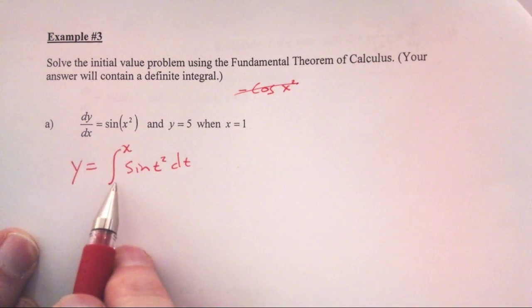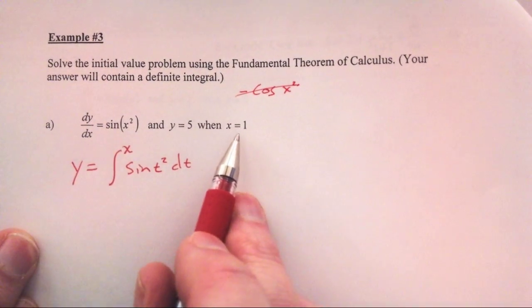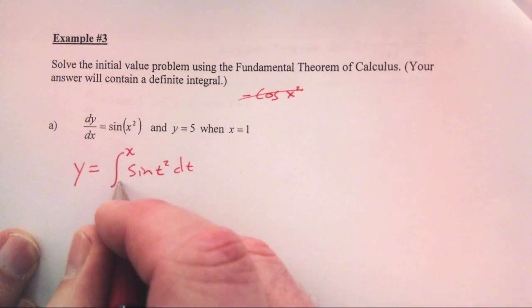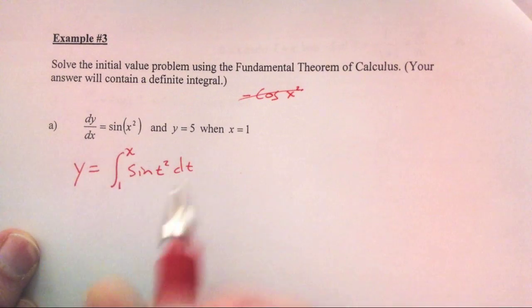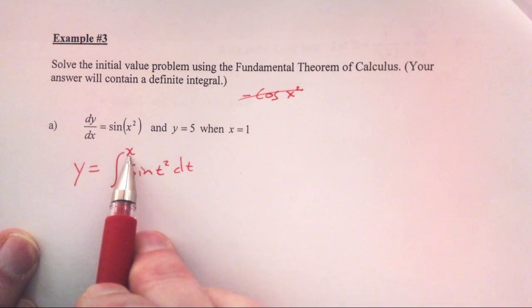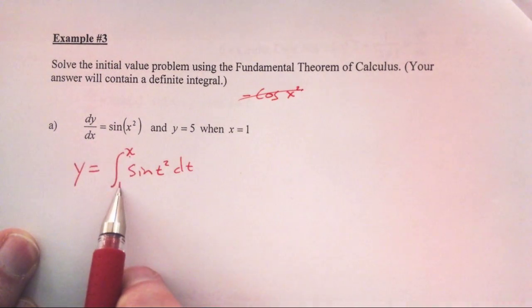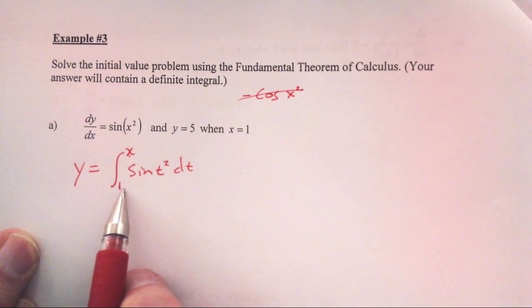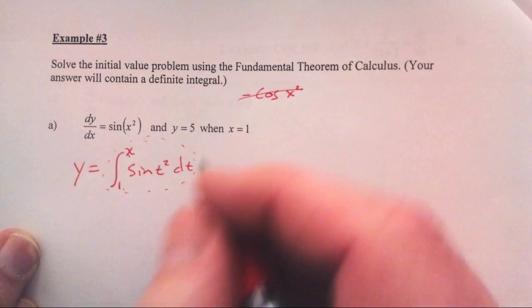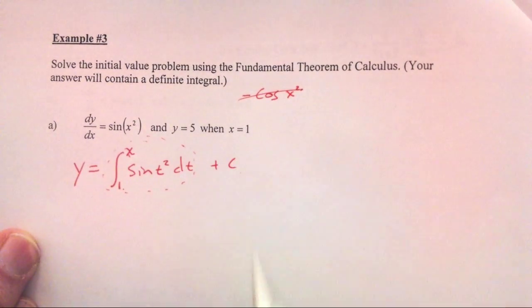Now, I can have any constraint down here I want at any given time, and I'm going to choose 1 down here because when x up here is 1, this now is the integral from 1 to 1, and we know well that the integral from 1 to 1 is just big 0. And then that would be like our plus c.